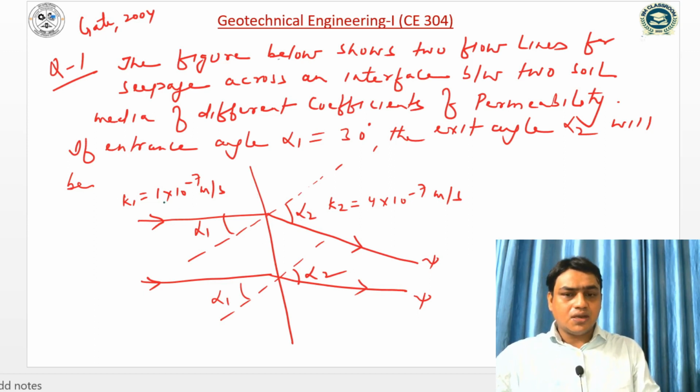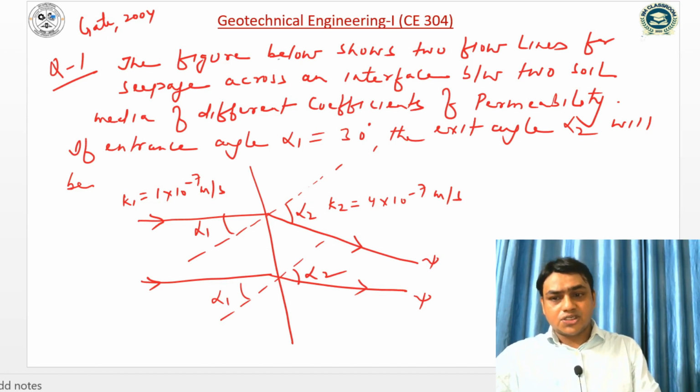K1 is given as 1 into 10 to the power minus 7 and K2 is 4 into 10 to the power minus 7. So K1 is less than K2, or K2 is greater than K1, meaning alpha 2 will be greater than alpha 1, and the flow line will be deflected away from the normal line. That's why alpha 2 is greater than alpha 1.